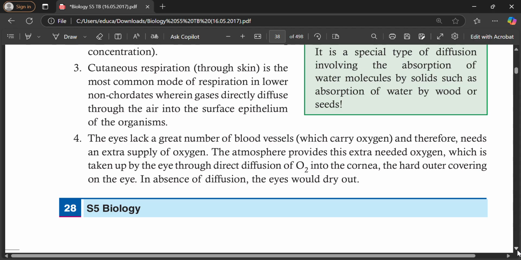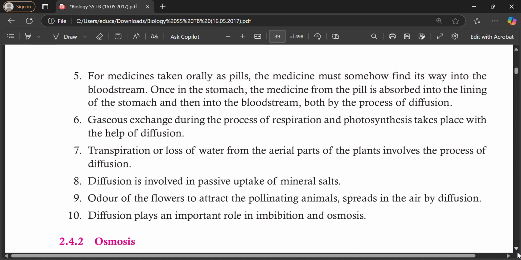Rero icyo gihe oxygen ituruka mu mitsi imwe imbere mu maso ntabwo iba ihagije, niyo mpamvu dukenera oxygen iturutse hanze. Oxygen iturutse hanze rero amaso ayabsorbinga by diffusion nyine mu kirere, akinjira mu ruhu hakoreshejwe diffusion. Ibyo bintu bitabaye amaso yakumagara.